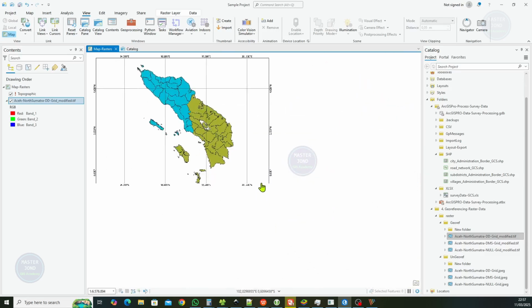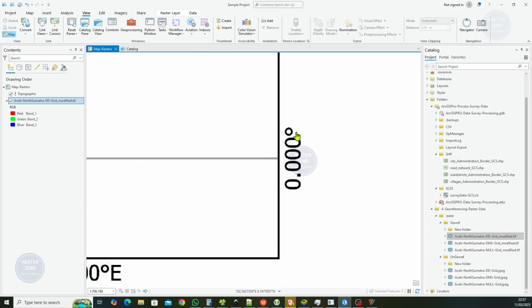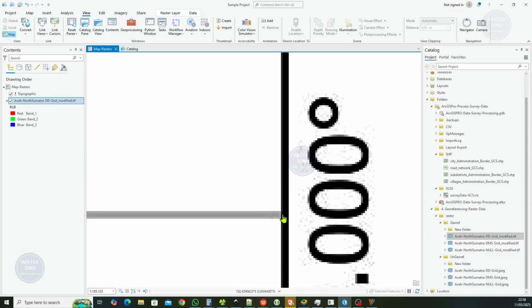Okay, let's check another one to make sure that it is georeferenced. This is the 0, the equator line that splits the Earth into the Northern Hemisphere and the Southern Hemisphere. Take a look at this: this is S, South, and this is N. When we put our mouse here, it says 0.00.